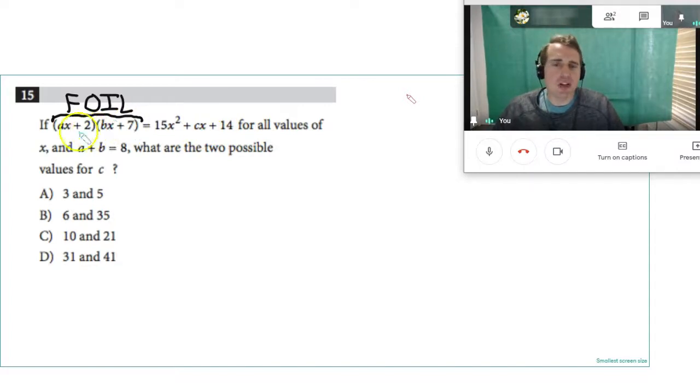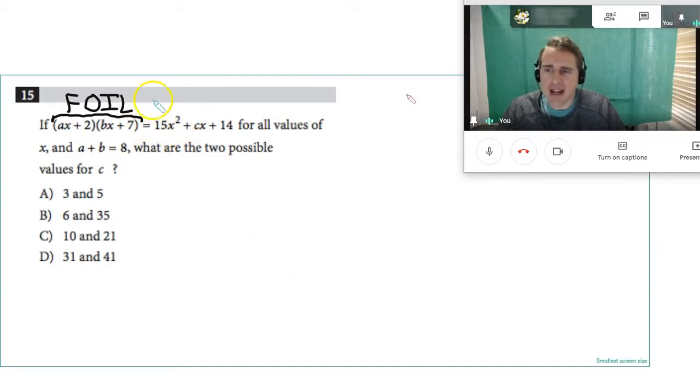When you get to the last terms in FOIL, you're going to have 2 times 7, and you're going to get this 14 on the right-hand side. So basically, if you FOIL this out, you should be able to match things from the left-hand side to the right-hand side.